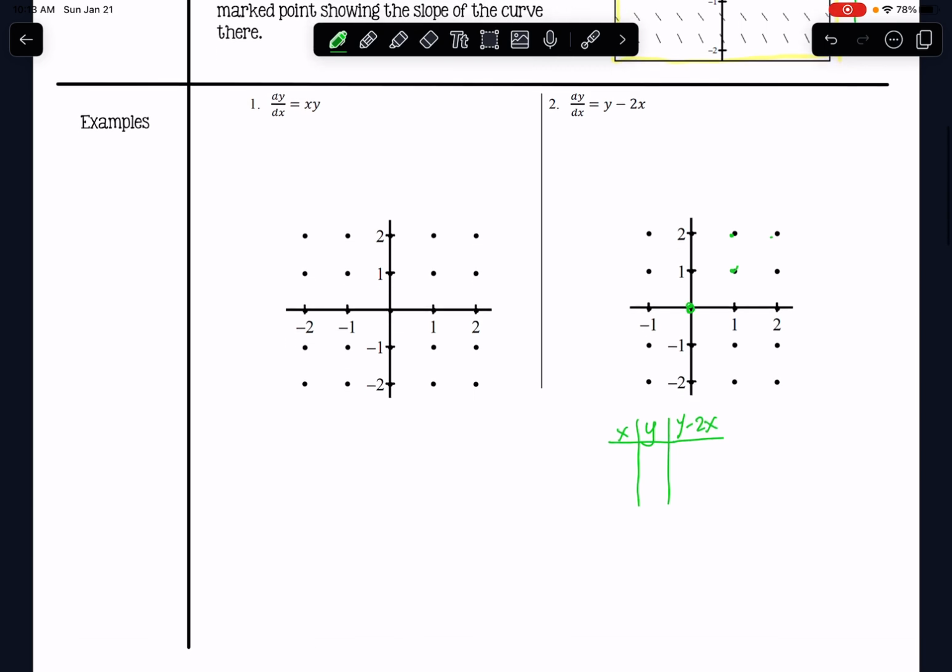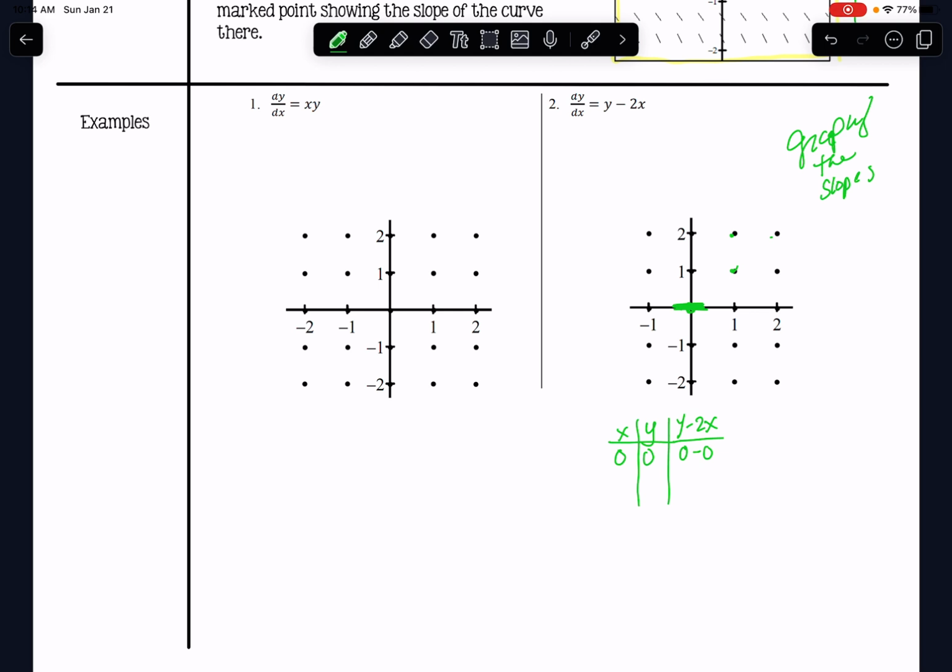So the first one I'm going to do is 0, 0. So when 0, 0, that would be 0 minus 0, so I have 0. And that means the slope is 0 there. So we're graphing the slopes. This is like local slope info.